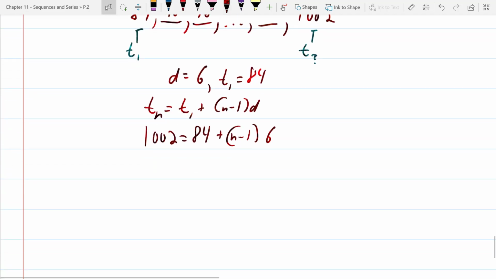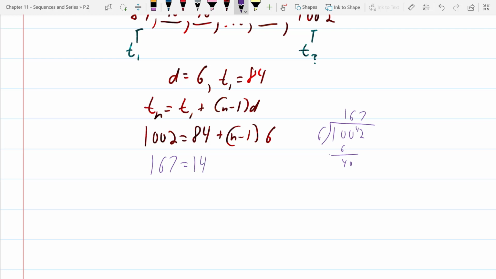Okay, well, you can go forth and subtract 84 if you want. I'm going to divide both sides by 6 right now because I can. So 1002 divided by 6, and I'm doing this long ways because I don't have a calculator right here. 6, 42, 7. This is 167 is equal to 14 plus n minus 1.